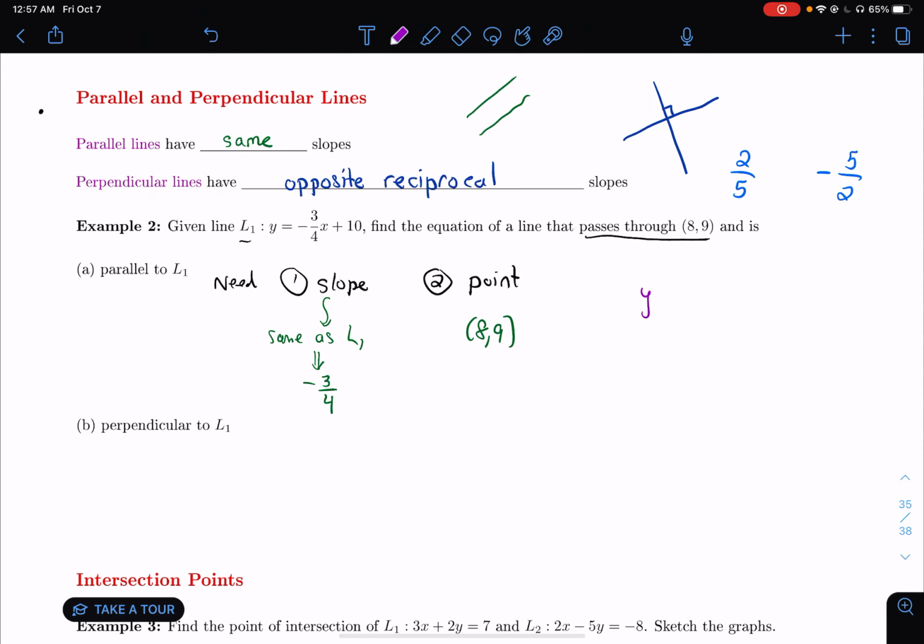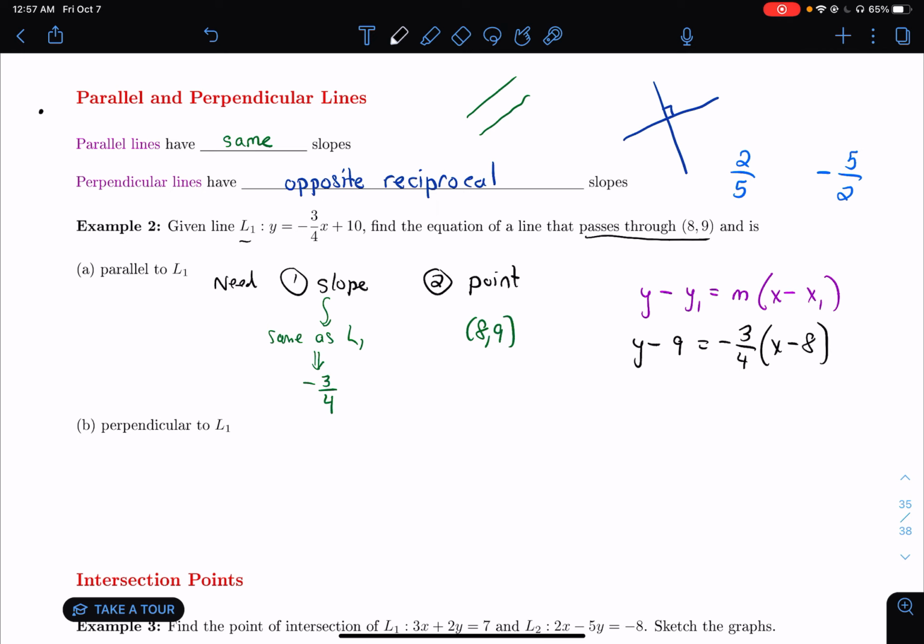My point-slope form looks like y minus the y-coordinate equals m times x minus the x-coordinate. If I plug into this, we get y minus 9, that's my y value, equals the slope, which is negative 3 over 4, times x minus the x value, and my x value is 8.